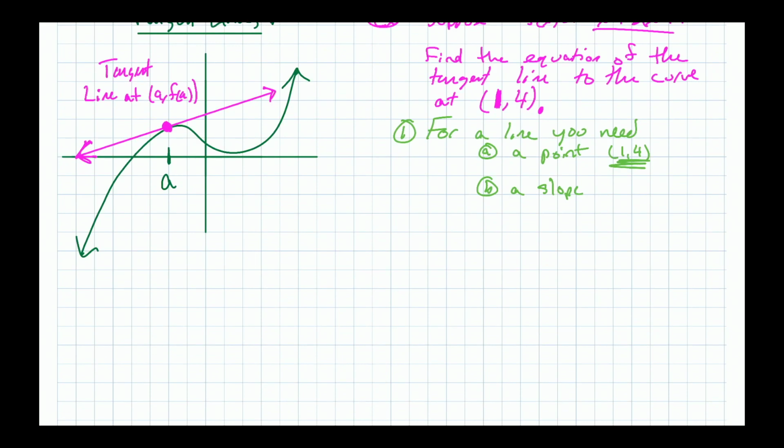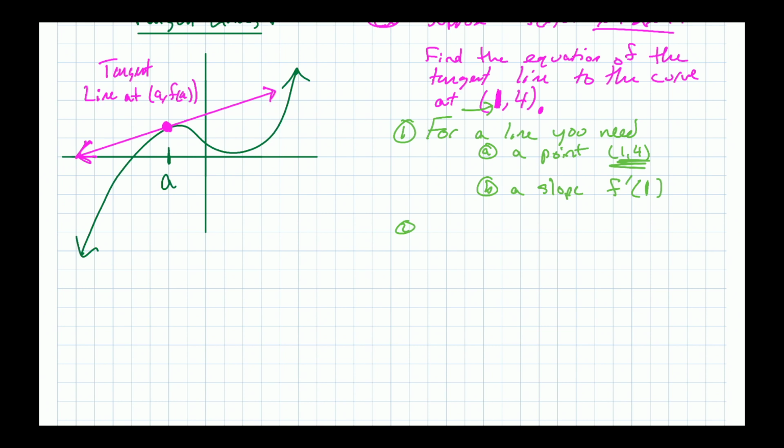Well, the slope of the tangent line is the derivative, right? That's the whole point of doing derivatives. They're the slope of the tangent line. That's how we defined them. So we're going to get the slope by calculating f prime, and at a particular point, specifically this point, (1, 4), to get the slope there, we need to plug in a 1. All right?